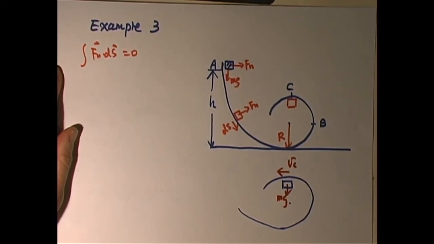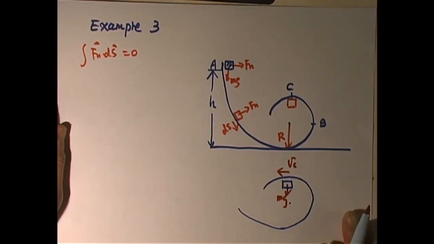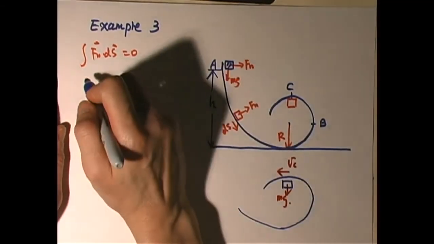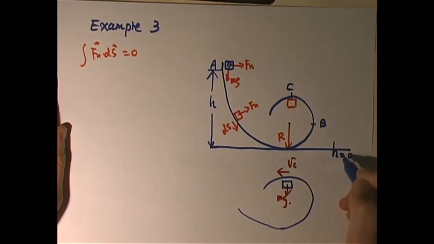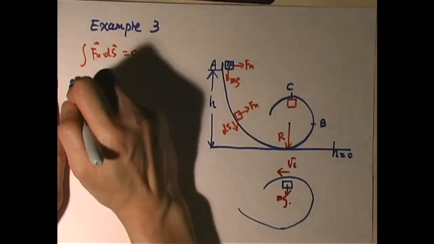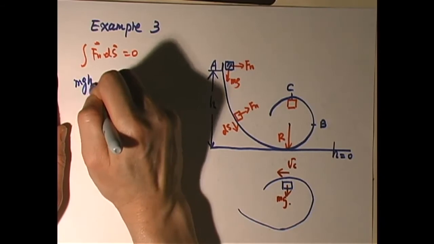Everything that does circular motion must have a centripetal acceleration and a tangential speed. Since we're able to apply conservation of mechanical energy, at point A, let's take the ground as h equals 0. So at point A, that is mg of h.